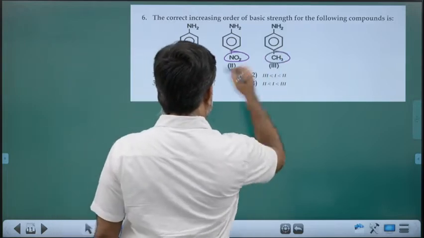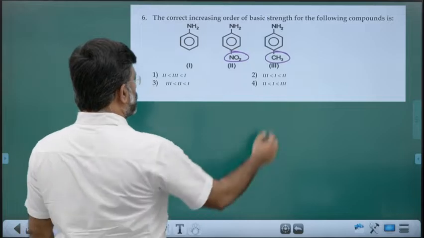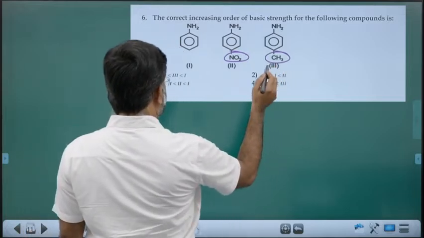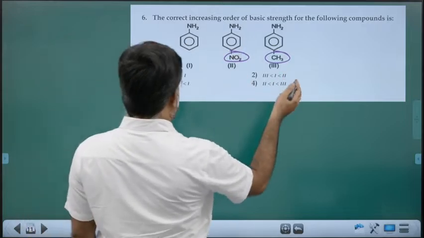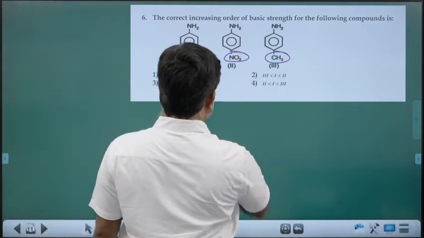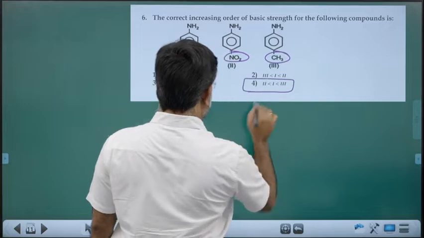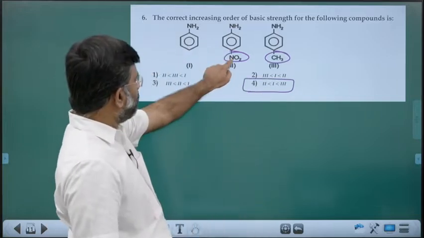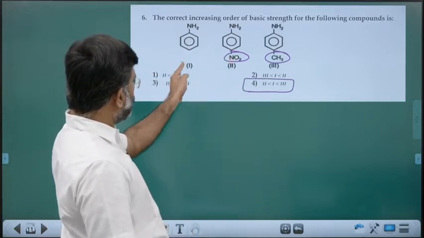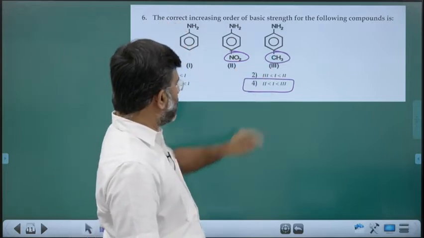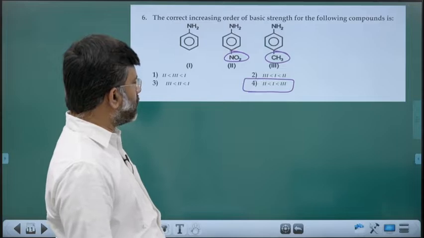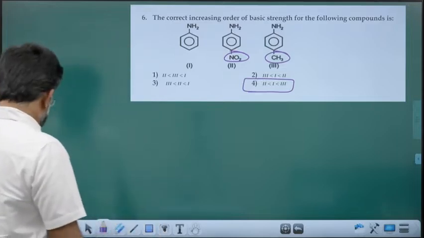This is an electron donating group, so 3 will be maximum. The order is 2 minimum, then 1, where there are no substituents, and then 3 maximum. So 2, 1, 3. The fourth choice is the correct answer.